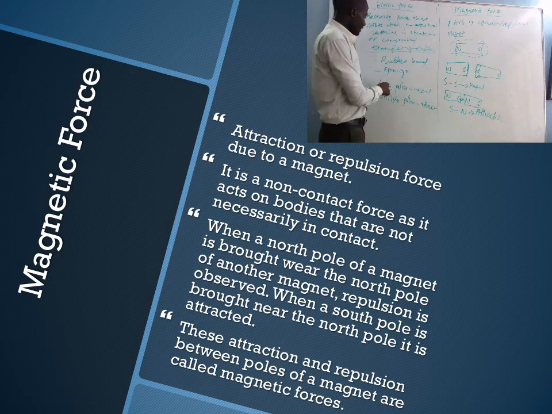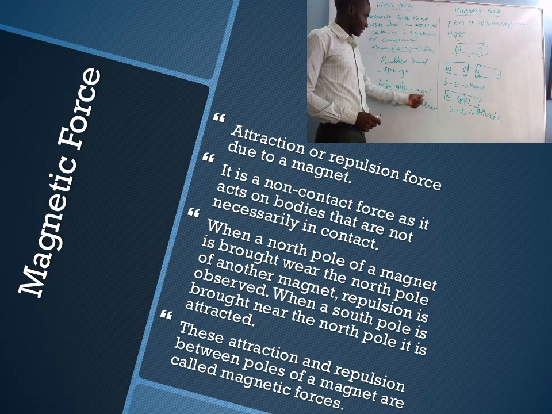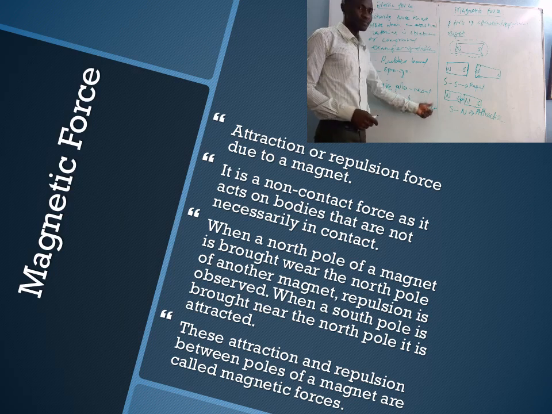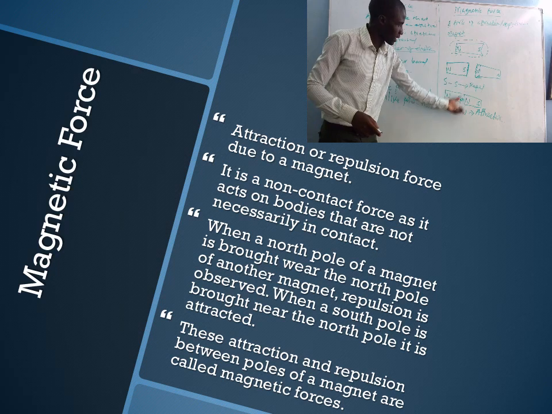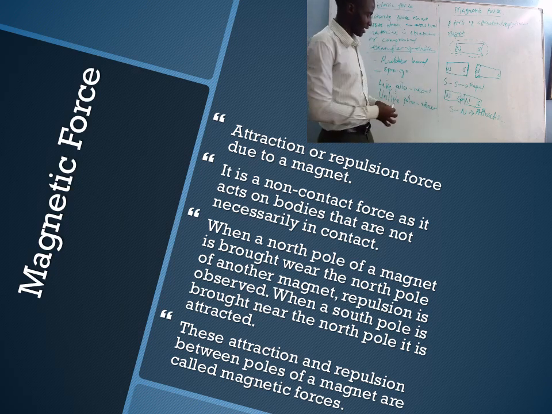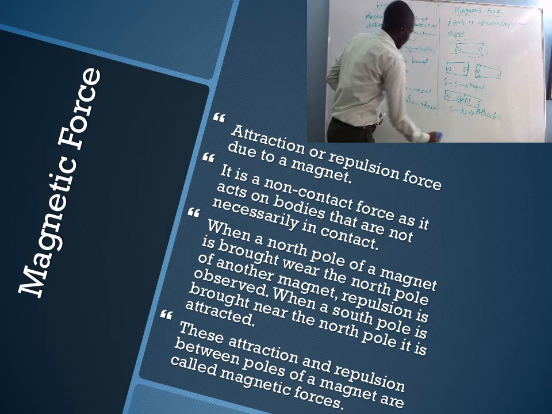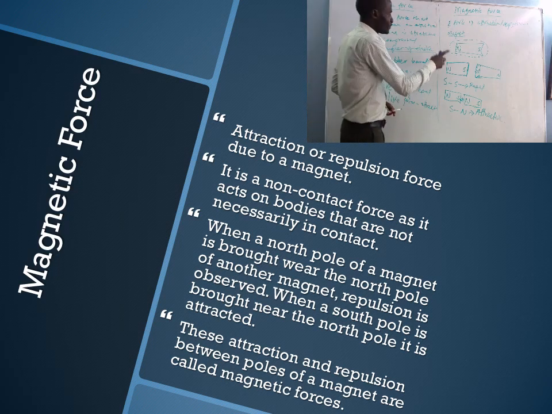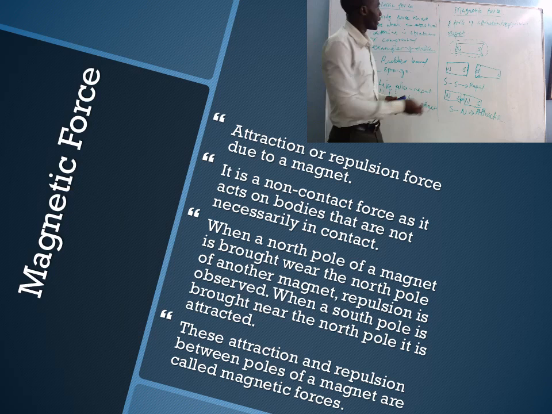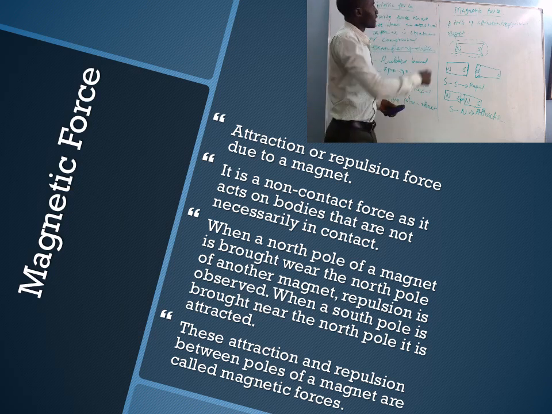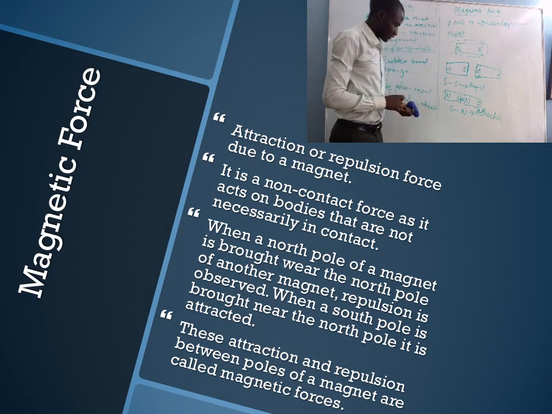Any two like poles will repel each other, while any two unlike poles will attract. And that is shown by the sketch as we have on the wall. Now, this force of attraction or repulsion due to a magnet is what we refer to as magnetic force.